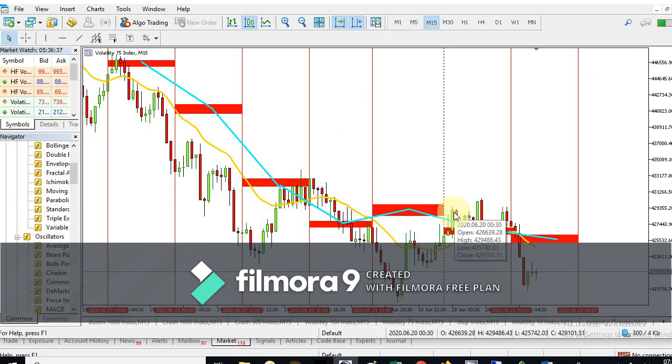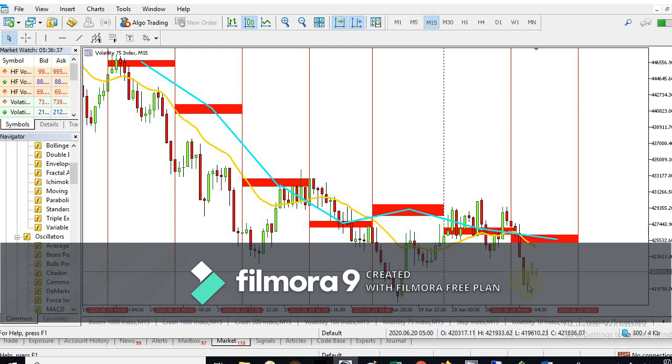We can see what happened. Price went down. Price broke and closed above this resistance area, but it failed, and then price went down and broke this support zone.